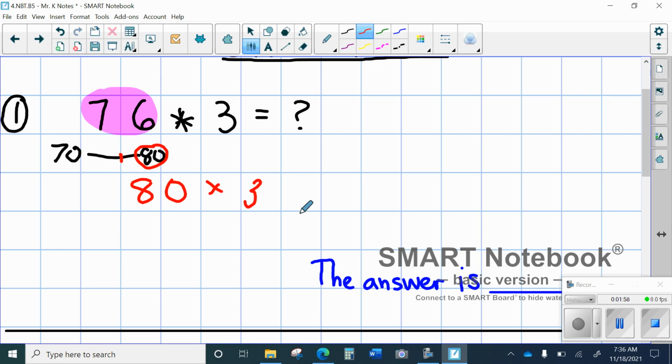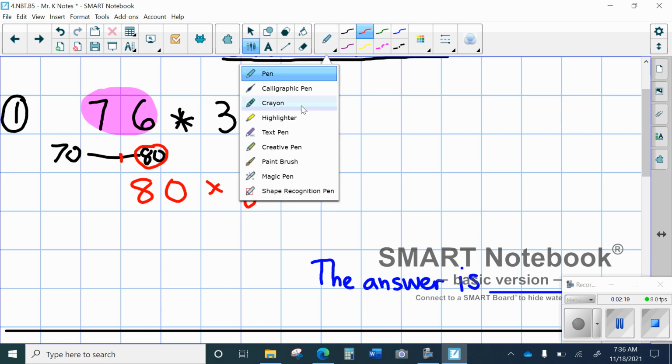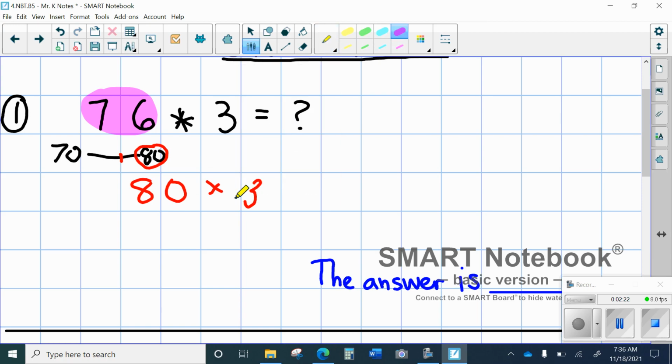Now that we have rounded, we will use the rounding part to figure out the estimated answer. Again, we're rounding, so we're going to have an estimated answer. We're going to use what we learned in the previous video, lesson 3.1, to help us break this down. We learned that we can break apart 80 times 3, and we start with the basic fact.